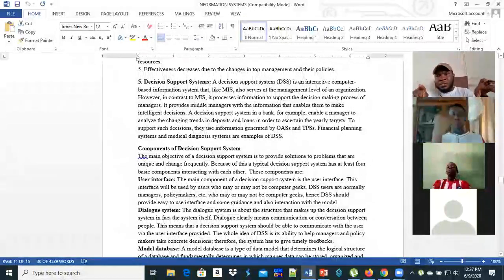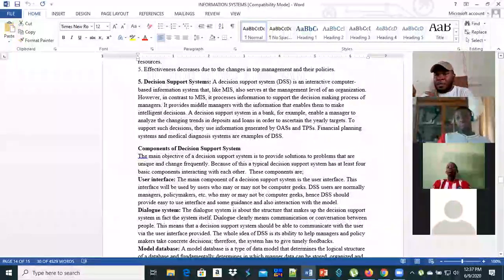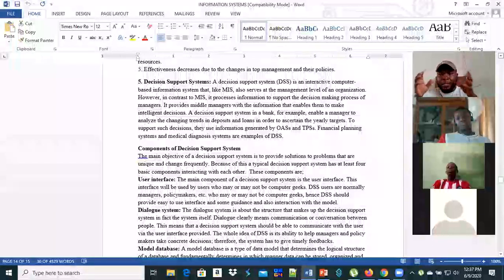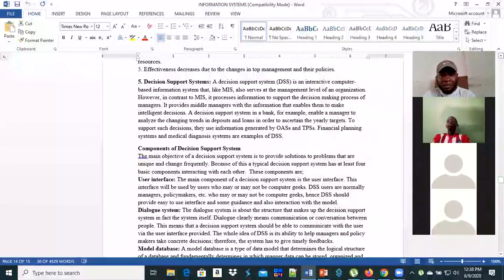So if it is possible for us to get cornflakes at the expense of sugar, it will be good because we know that more people will come in to buy cornflakes and we are going to get our money at the end of the day. So the decision support system needs this from the management information system to be able to make critical decisions in an organization.